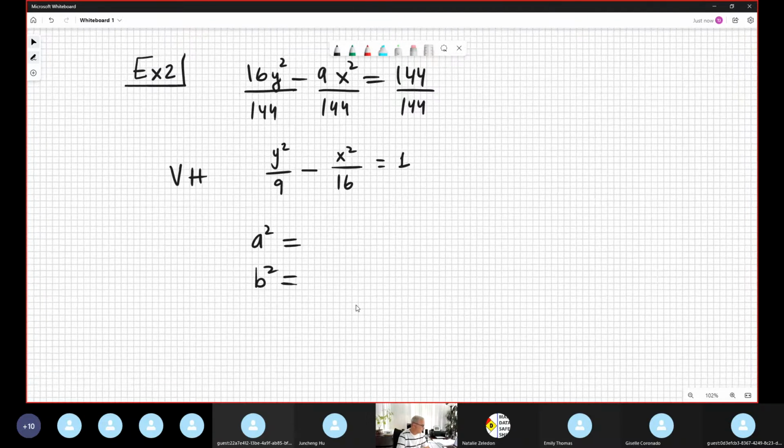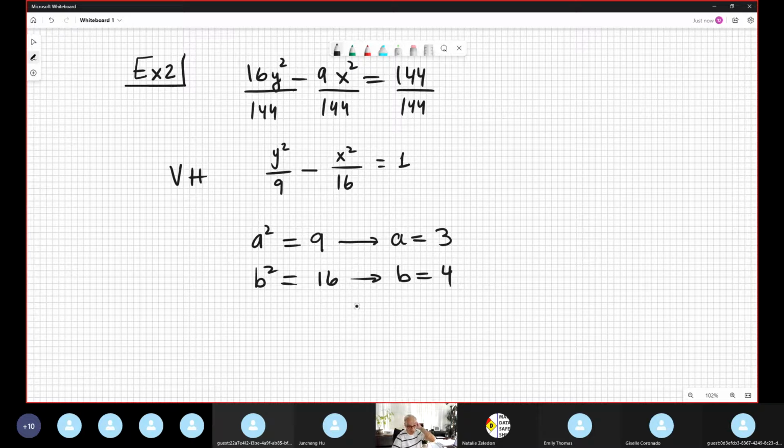Let's see. a is 3, b is 4. Okay, cool. So this is 9, because 9 is the positive part, and this is 16. Therefore, a is the square root, which is 3, and b is the square root, which is 4. Cool.